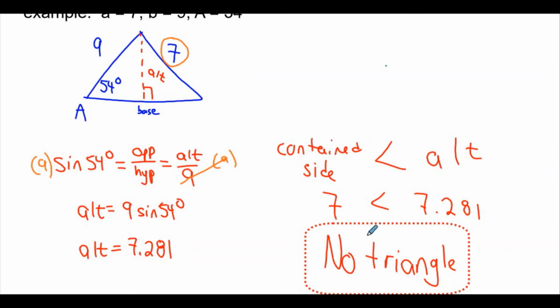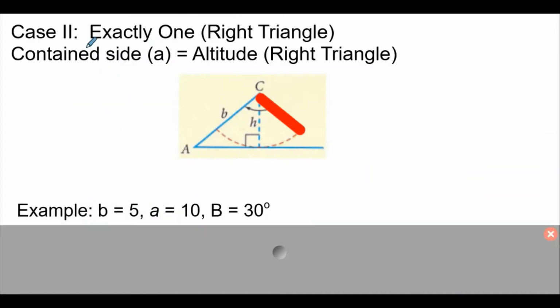The reason is that the contained side, the side opposite the given angle, is less than the altitude found by doing the regular right angle trig of that interior triangle. So here's the second example.